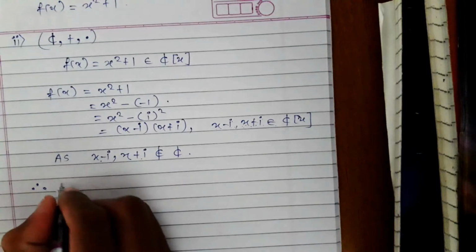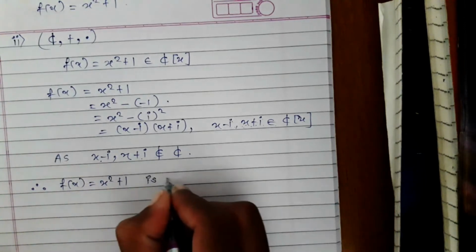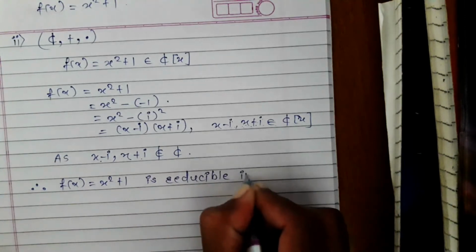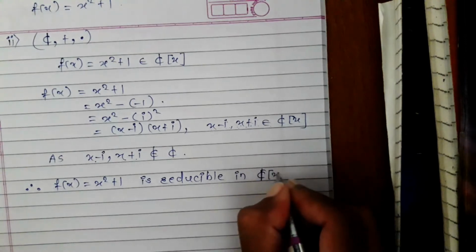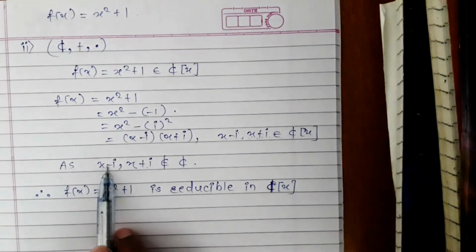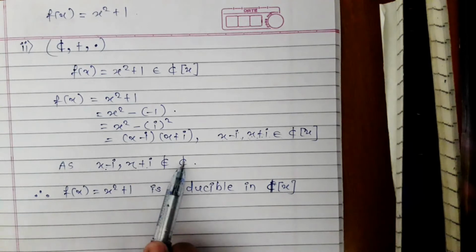Therefore, f of x is equal to x square plus 1 is reducible in polynomial ring Cx, as neither x minus i nor x plus i belongs to the set of complex numbers.